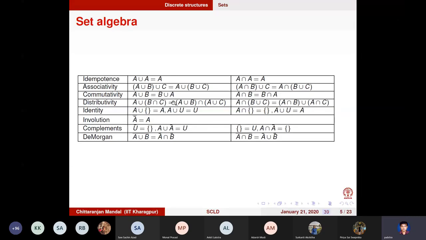So union distributes over intersection. A union B intersection C is A union B intersection A union C. Similarly, A intersection B union C is A intersection B union A intersection C. Okay, this also distributes.